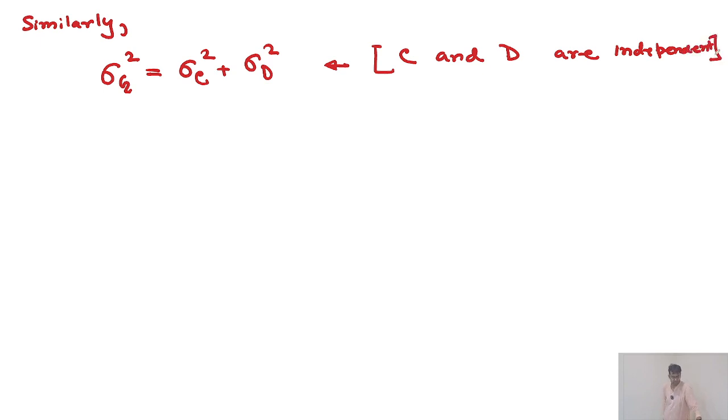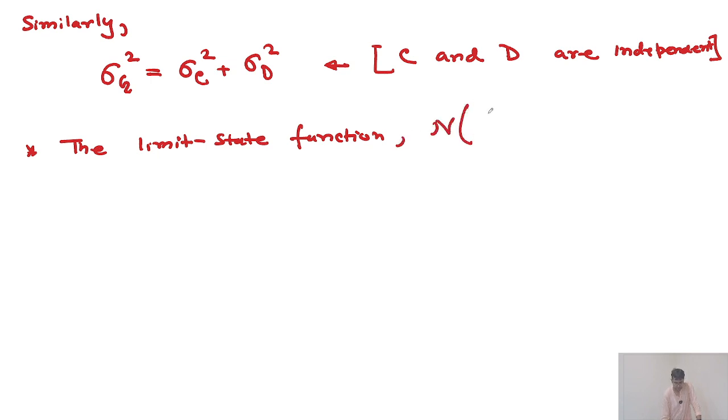So therefore, finally, the distribution of G, so therefore, the limit state function is Gaussian G with mu G and variance sigma G square.